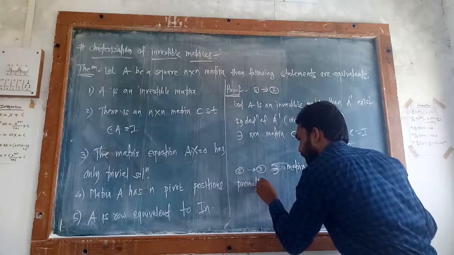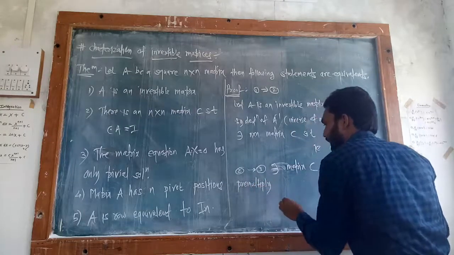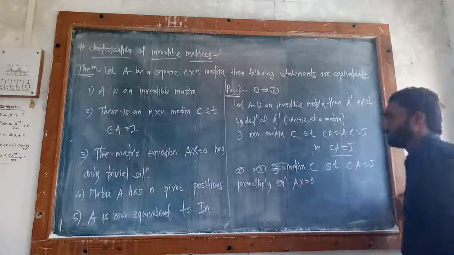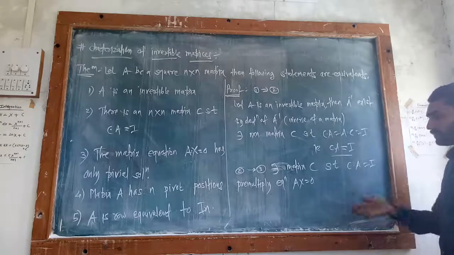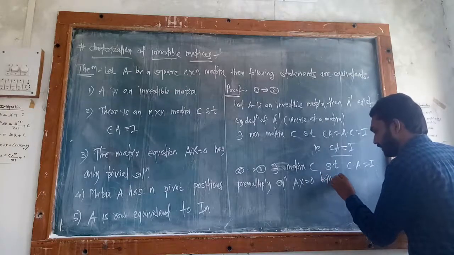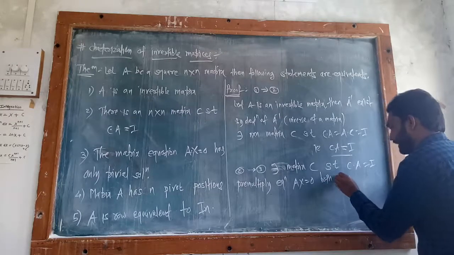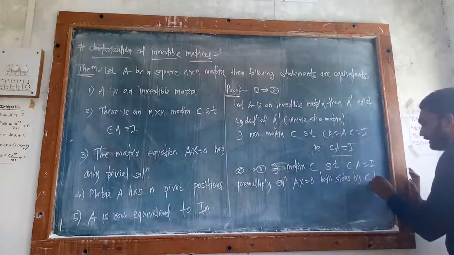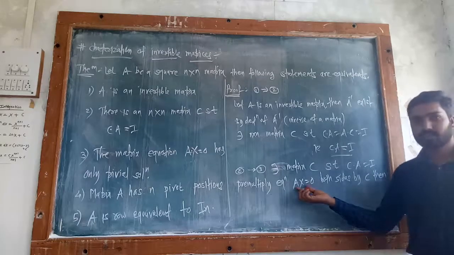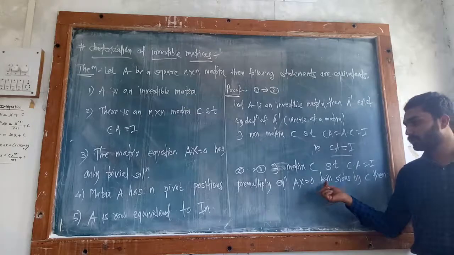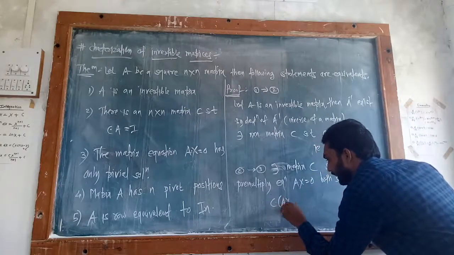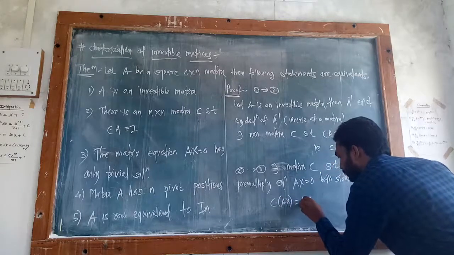Pre-multiply the matrix equation Ax equal to 0 on both sides by capital C. Then we get C into Ax equal to C into 0.